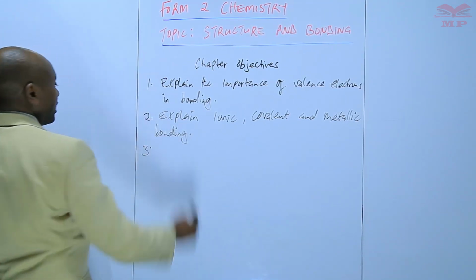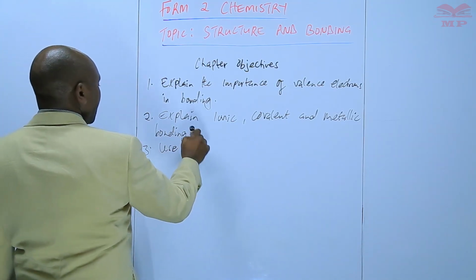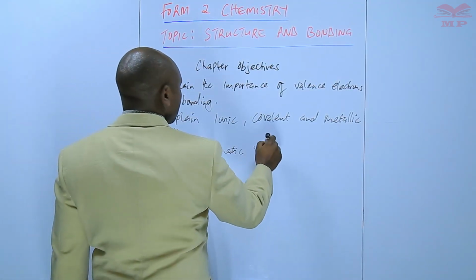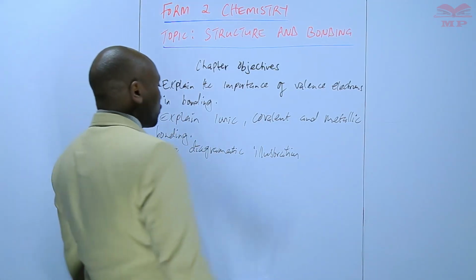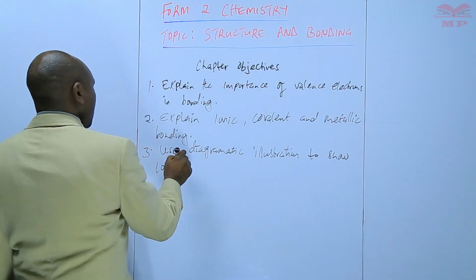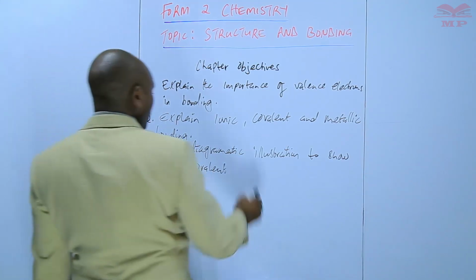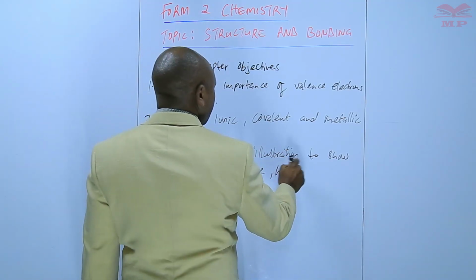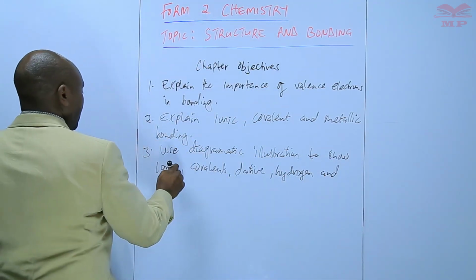Then we'll be able to use diagrammatic illustration to show ionic, covalent, we have dative, hydrogen, and metallic bonding.